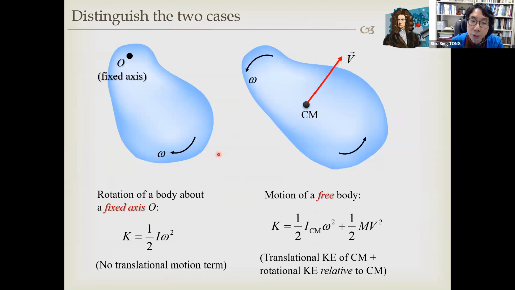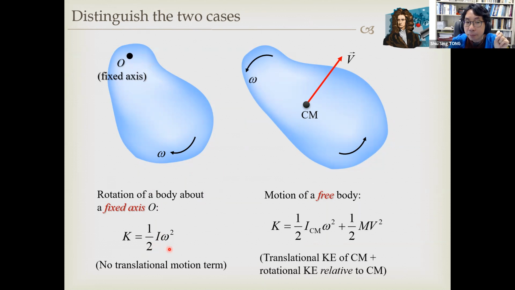Now, you should be very careful about the kinetic energy of rotation. When we start our discussion of rotation, we think about an object rotating about a fixed axis. The object is not free to move around. It is simply rotating about a fixed axis, which I call O. And the kinetic energy is simply given by half I omega squared.